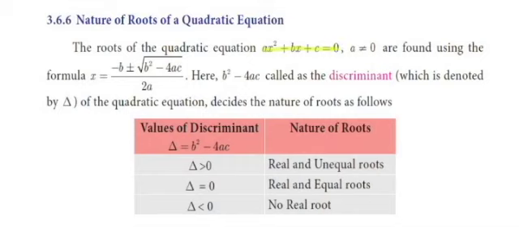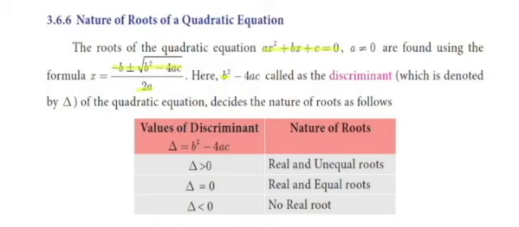And also we know the quadratic formula: x is equal to minus b plus or minus square root of b square minus 4ac divided by 2a.